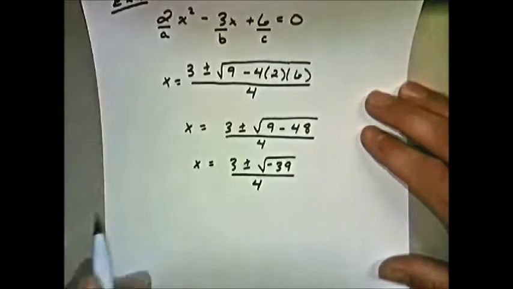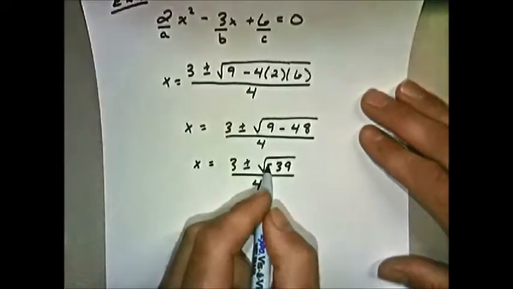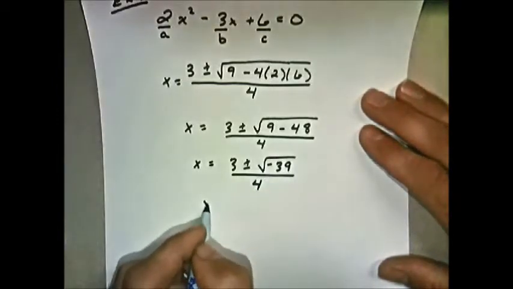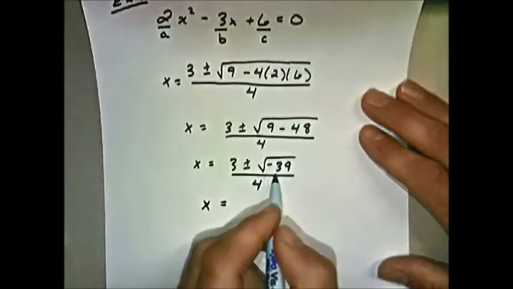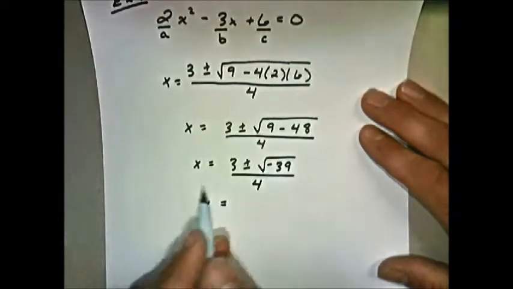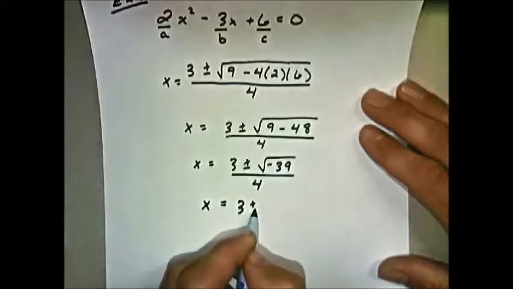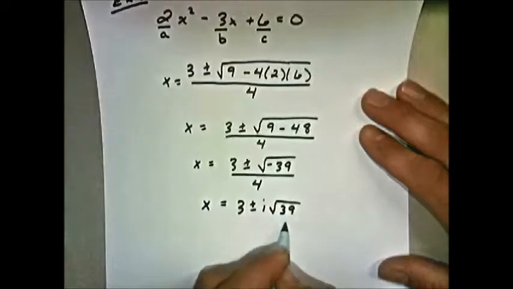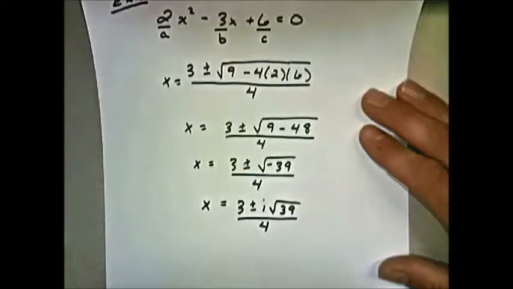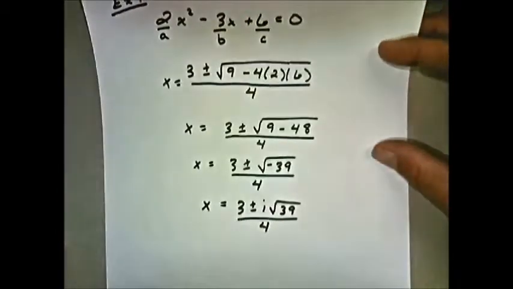And we have one last thing that we can simplify, and that's this negative 39. If we think about negative 39 and the square root of it, we see that negative can come out as an i. So we have 3 plus or minus i radical 39 over 4. And that's our final answer.